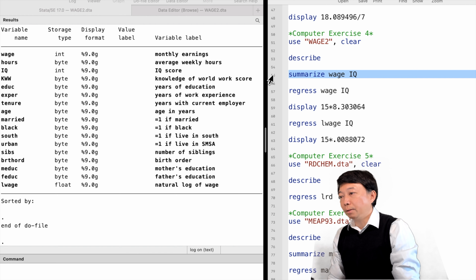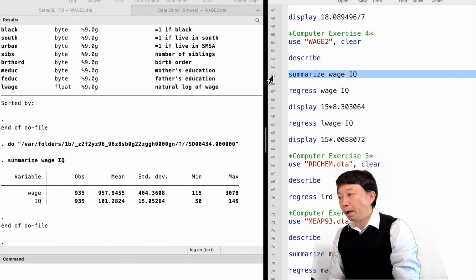For the first question, we use the command summarize to obtain the sample means of salary and IQ scores. The average wage is $957.95. The average IQ score is 101.28. The sample standard deviation is 15.05.